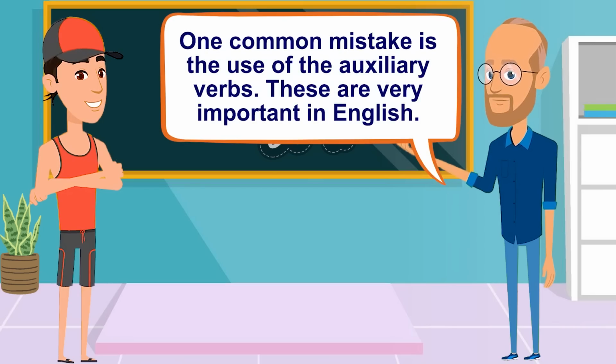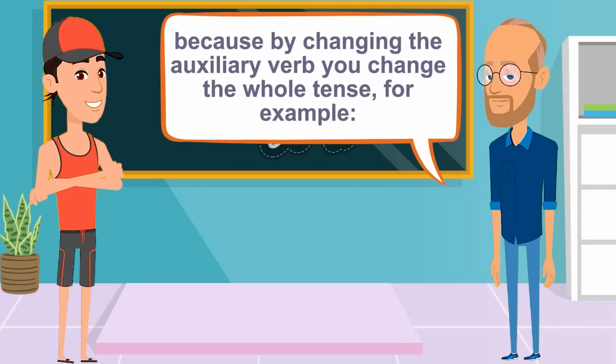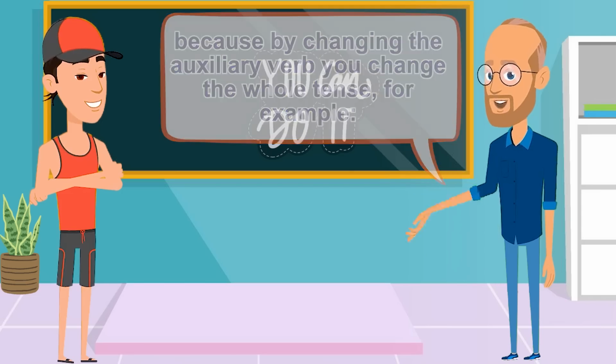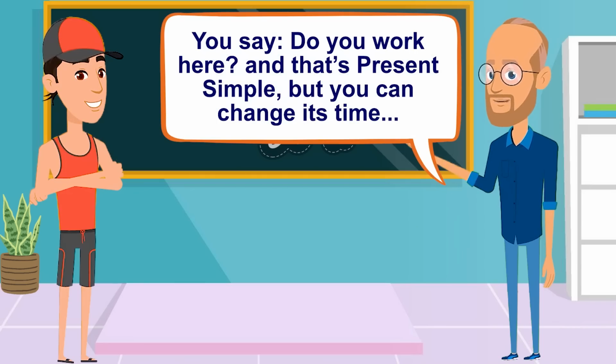One common mistake is the use of the auxiliary verbs. These are very important in English, because by changing the auxiliary verb, you change the whole sentence. For example, you say, "Do you work here?"